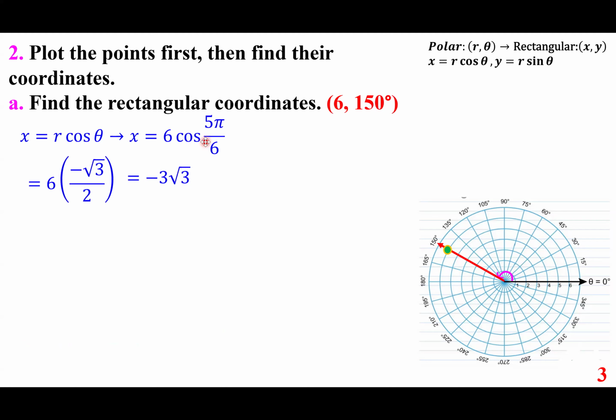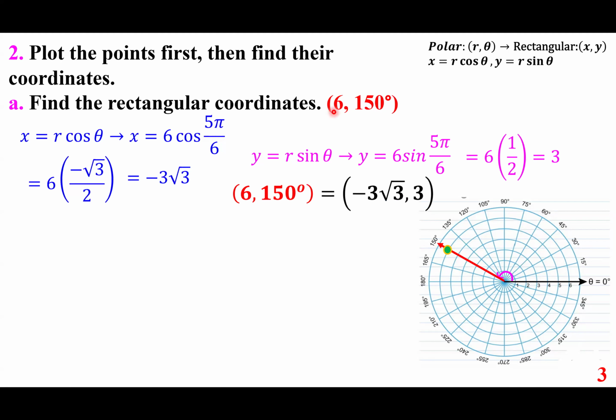Makes it -3 square root of 3. Y is r sine theta. Again, it's a common arc, 5 pi over 6, the same as pi over 6. Sine is positive in the first as well as the second quadrant. Therefore, it's 1/2. 6 times 1/2 makes it 3. And so the coordinate 6, comma 5 pi over 6 polar is the same as -3 square root of 3, comma 3 in rectangular coordinate system.